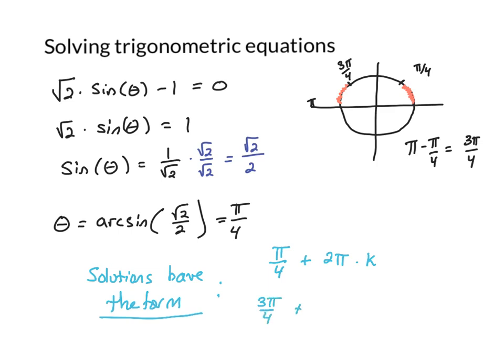I can do that for 3 pi over 4 as well, plus 2 pi times k. The caveat here is that k has to be an integer. So k is going to be 1 for one rotation around, or 2, or 3, or 4, or 5. The negatives are also in there too, because we could rotate in the other direction. So here is one trigonometric equation, and all possible solutions have the form pi over 4 plus 2 pi k, or 3 pi over 4 plus 2 pi k, for integers k.